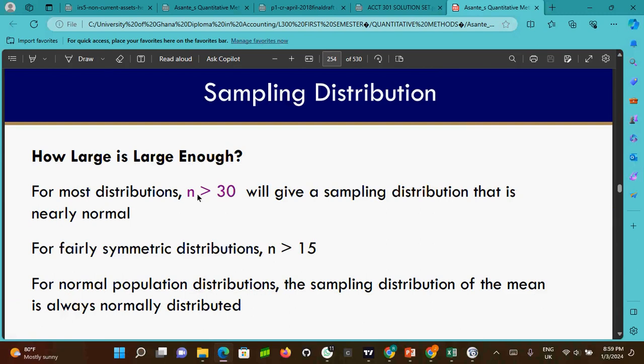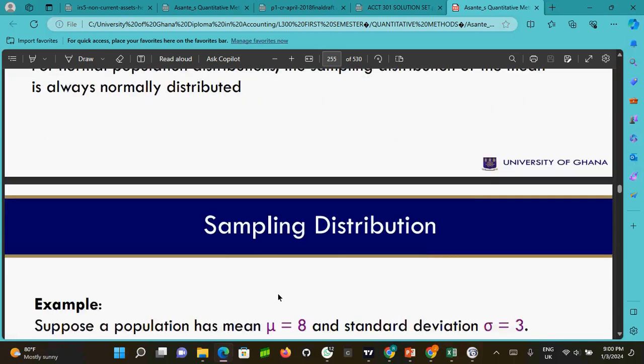For most distributions, n greater than 30, meaning the sample size is greater than 30, will give a sampling distribution that is nearly normal. For fairly symmetric distributions, n greater than 15. For a normal population distribution, the sampling distribution of the mean is always normally distributed.